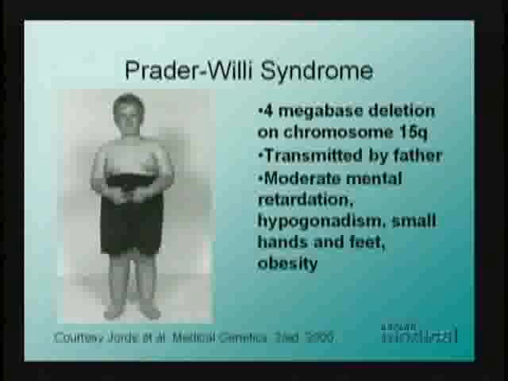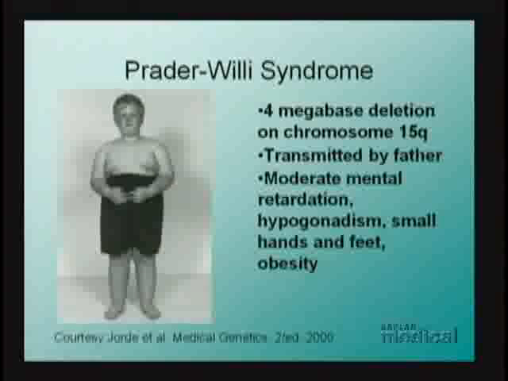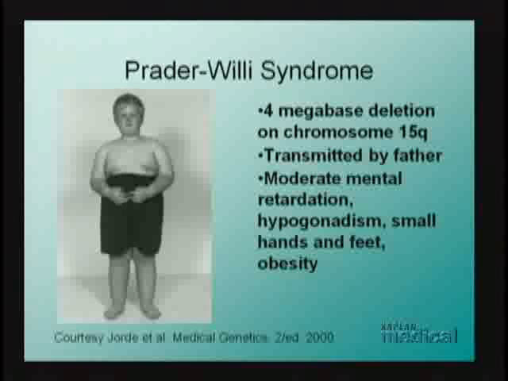Here's a picture of a child with Prader-Willi syndrome. Prader-Willi syndrome is caused by inheritance of a deletion from chromosome number 15, and this syndrome results if that chromosomal deletion is inherited from the copy of chromosome 15 that comes from the father.